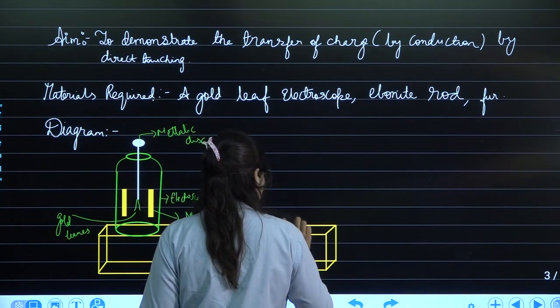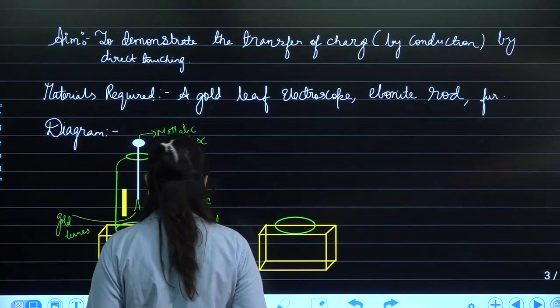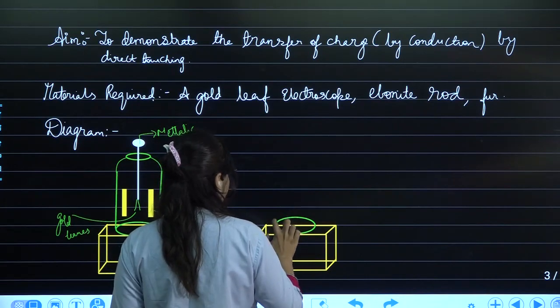For this, we need to draw the electroscope again. Draw it with me.